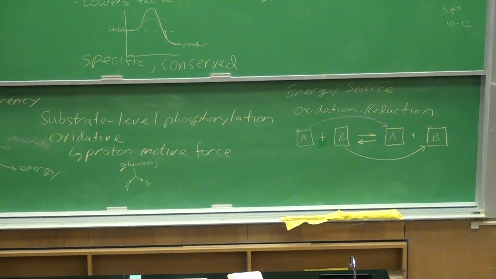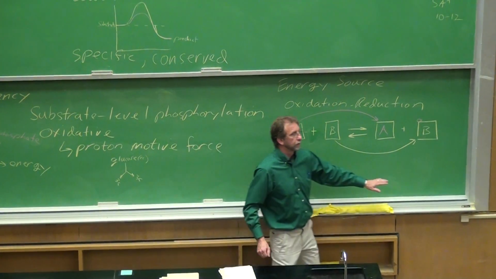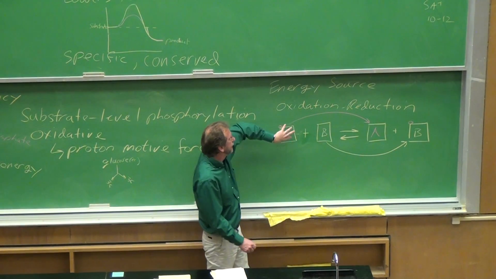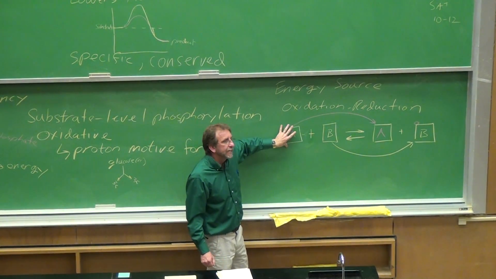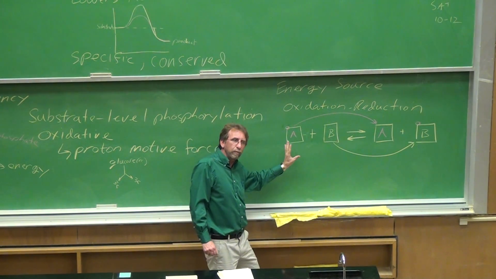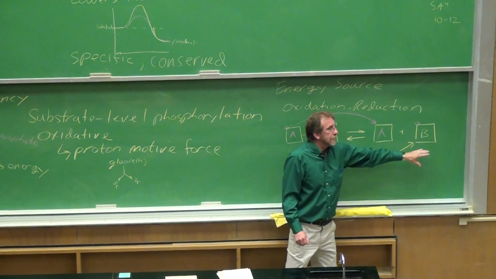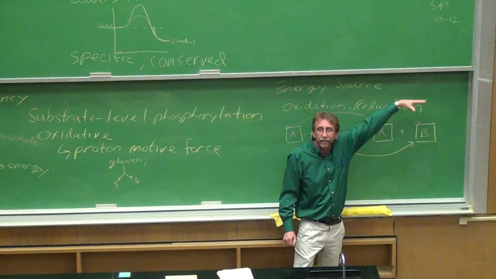Which molecule has more energy at the end of this reaction? B. B does, exactly. This electron here is a high energy electron, we'll say, and A, in being oxidized, loses that energy. So its energy state will be lower, and B, in becoming reduced, has gained that electron, and so its energy state will be higher.